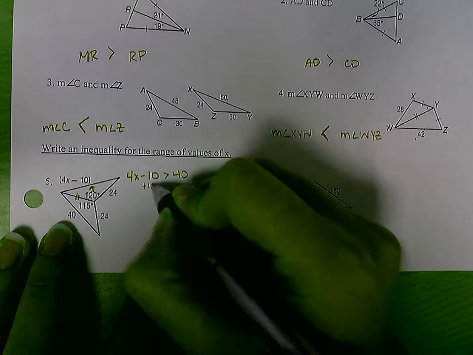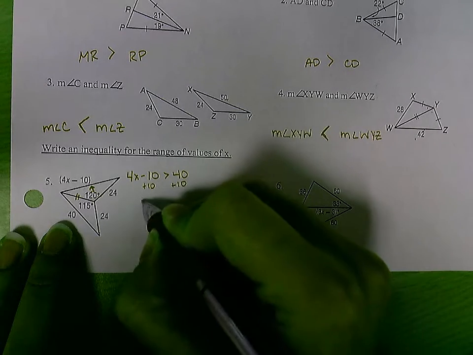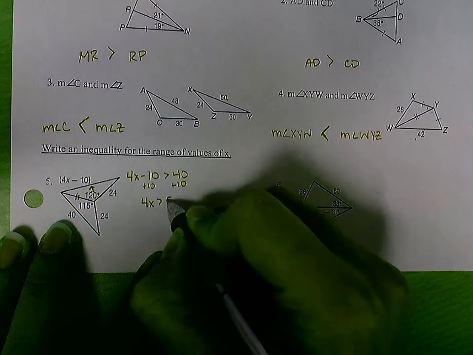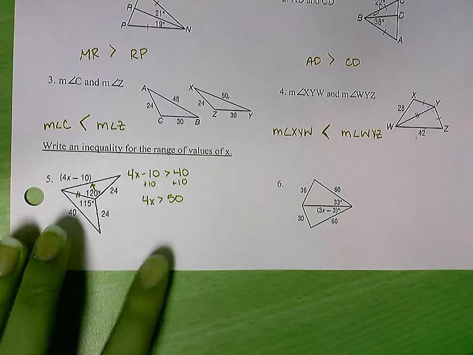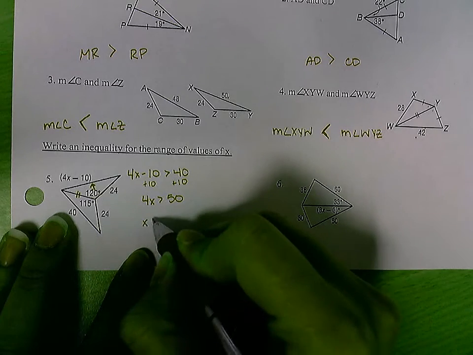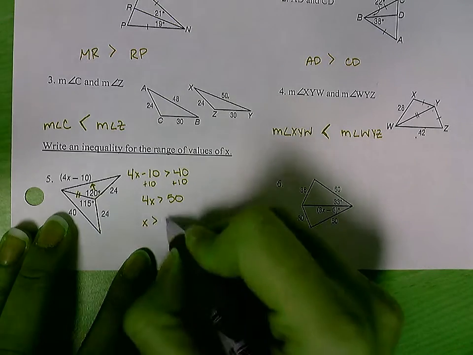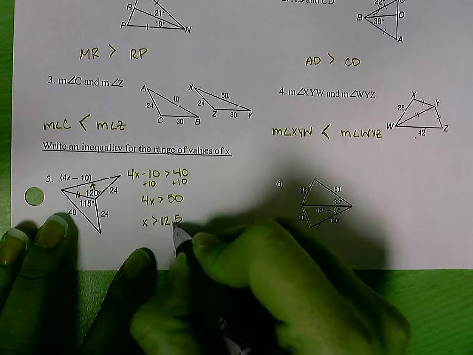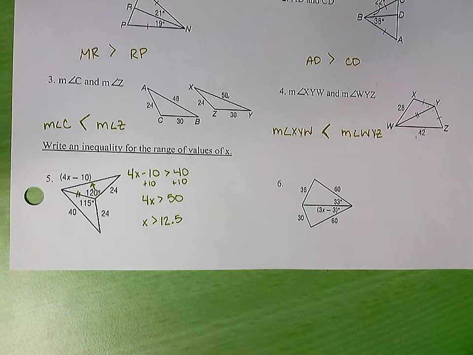So I'm going to add 10. So 4x is greater than 50. Divide by 4. Now x is greater than 12.5. So that means that x value has to be bigger than 12.5.